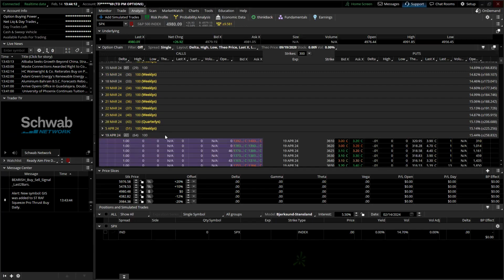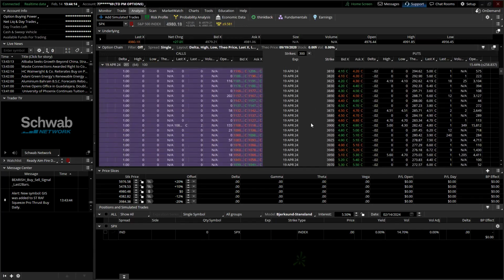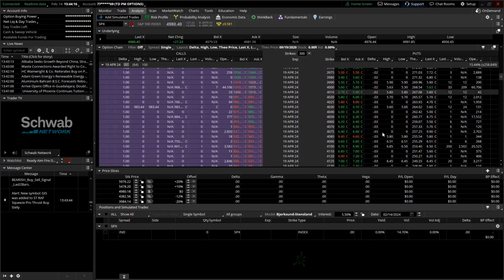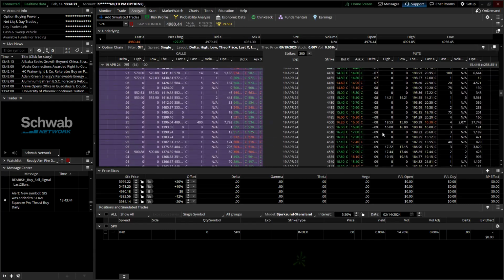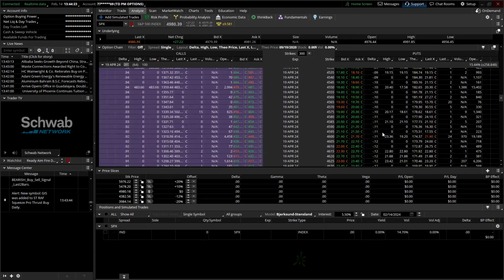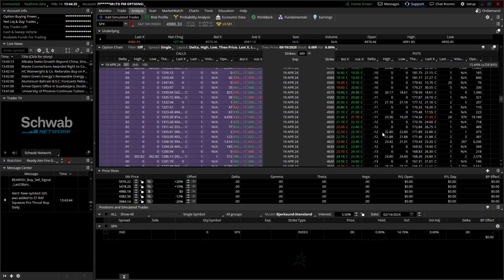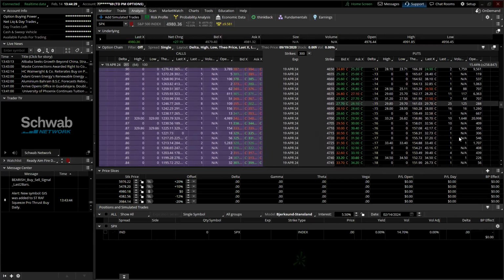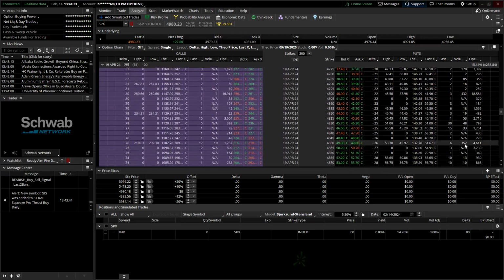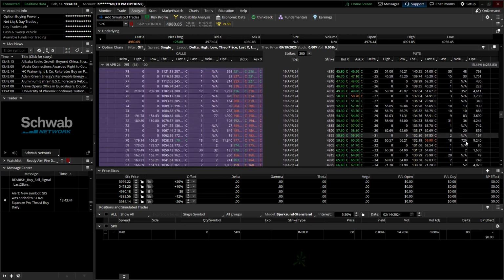Let's try the 64 DTE, and let's have a look at what is available, something closer to at the money as far as volume and open interest. So now we're looking at deltas in the 30s. And I find the most volume and open interest around the round numbers, right?